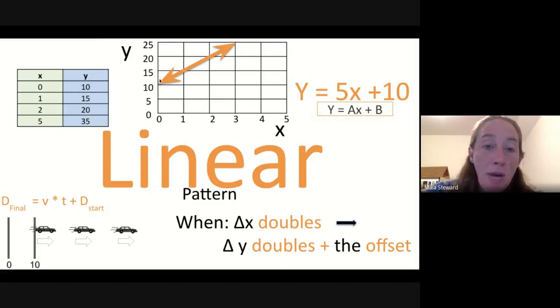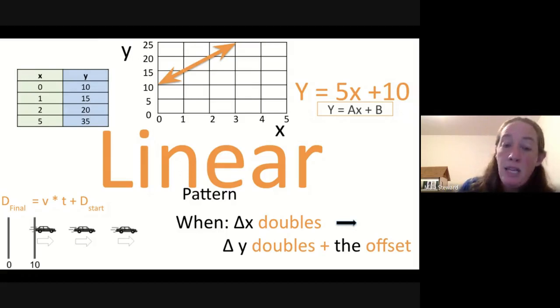How would that look on a graph? I start from 10, not down here at the 0 point. How would that look in an equation? I add 10. So in all these different ways of doing it, they all represent that starting from the gas station, I've already gone 10 miles.